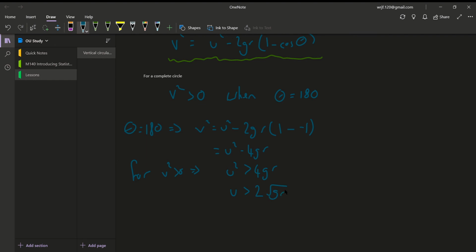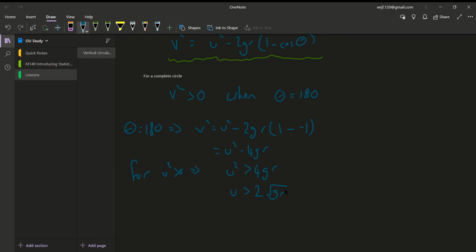Although it's generally speaking left as u squared being greater than 4gr, because we're never really using u in any kind of situation, so best to keep it as u squared greater than 4gr. Also, there's a slight complication about squaring inequalities, or square rooting inequalities, which I don't want to get into here. That would be too much of a distraction.